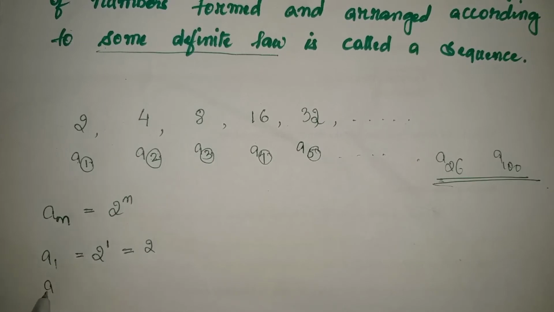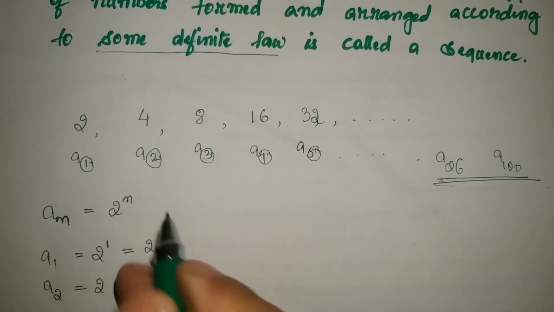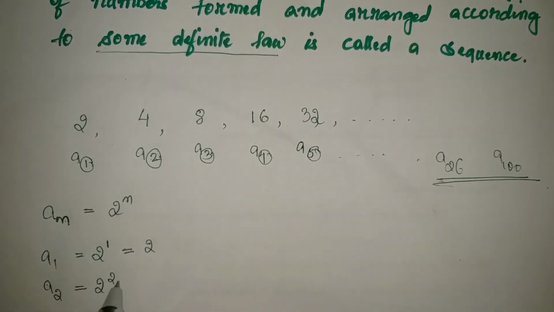For my second term, I write it as a2. In place of n, I write 2. So a2 will be 2 to the power 2, which is 4.